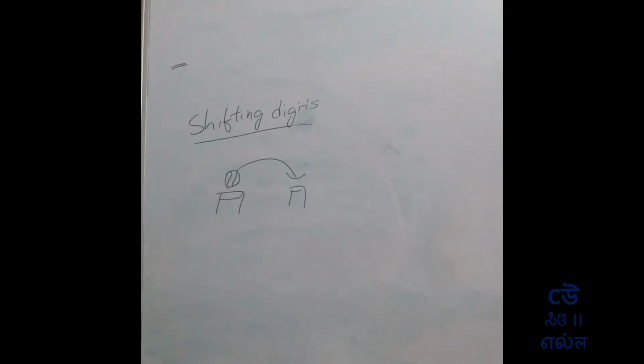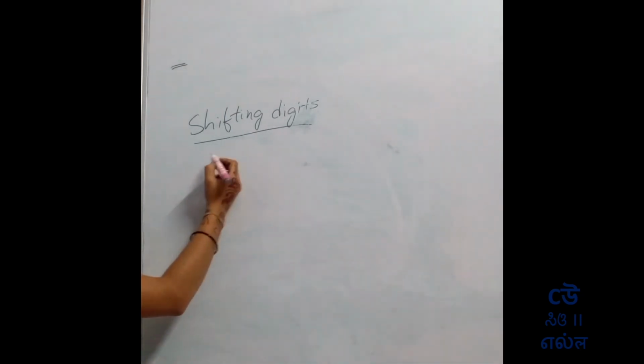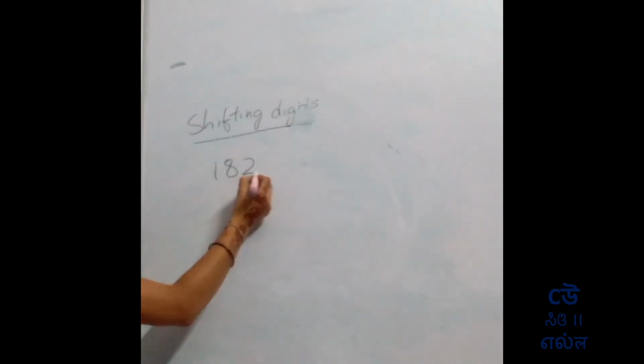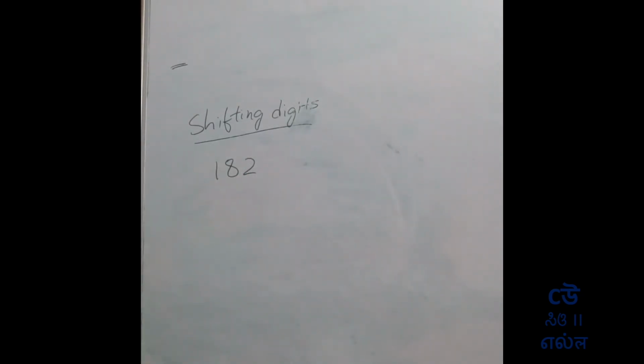So same as you shift the ball, you will be shifting the numbers from one place value to another place value. Okay. For example, if you take a number as 182, you have to make this number a large number and also you have to write the small number using this number.